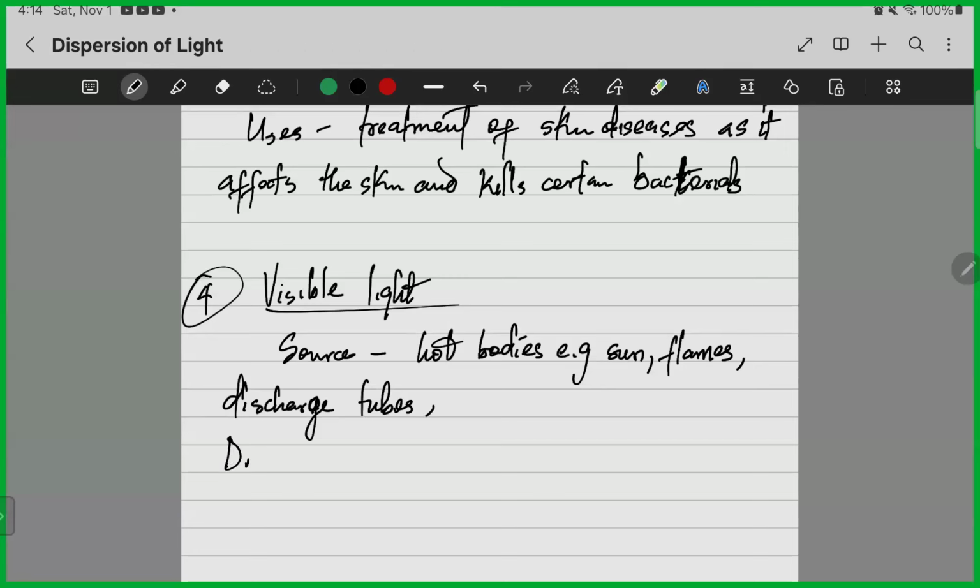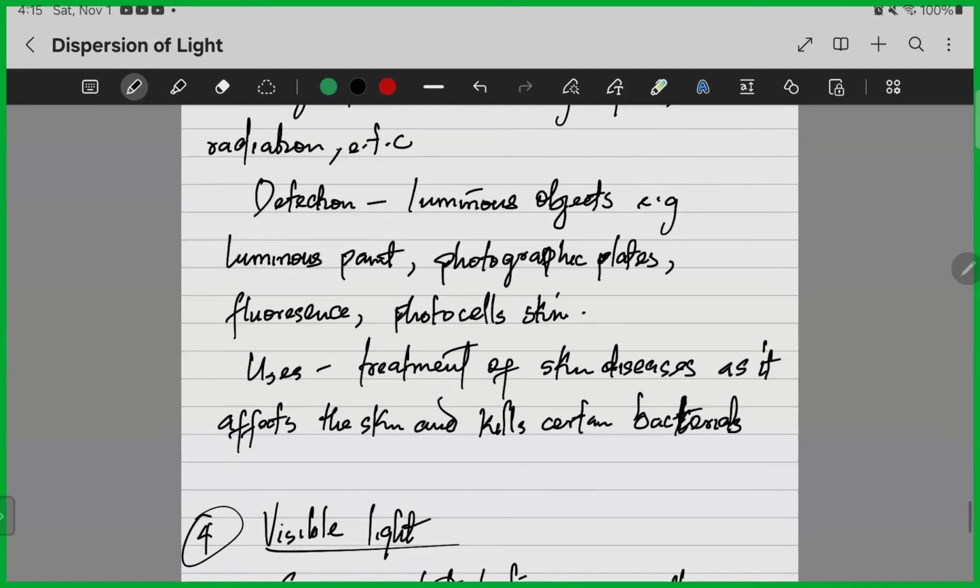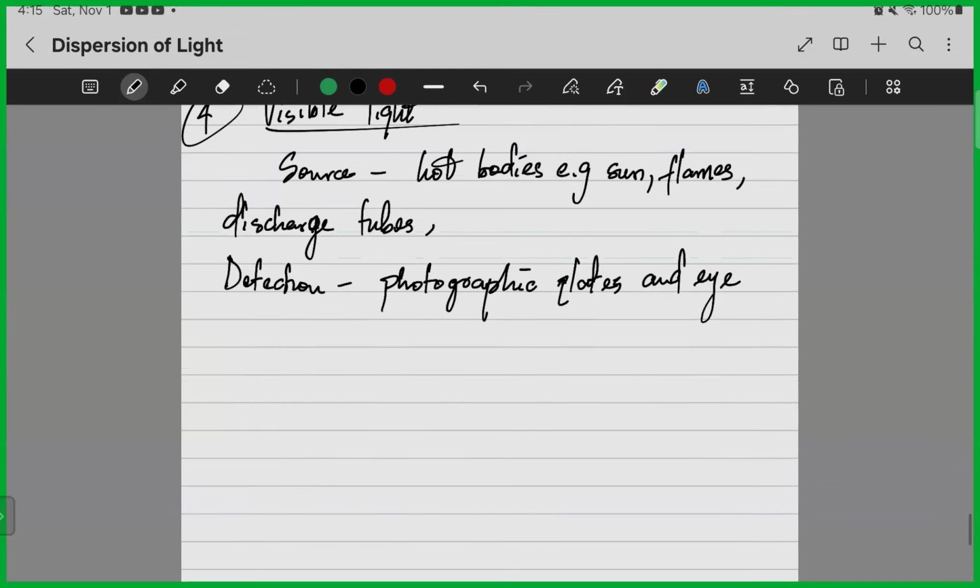The detection is by photographic plate, since it is visible to the eyes. Visible light helps your sense of vision, helps you to see. So that's the use.